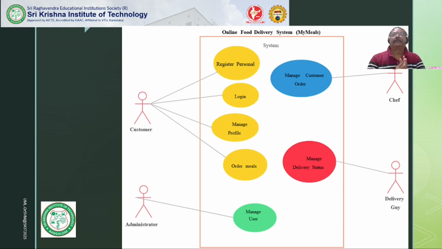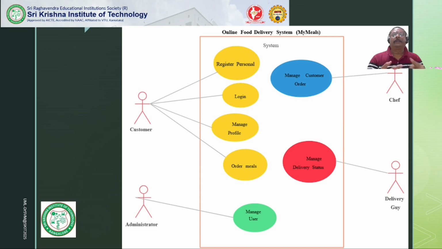That's how we convert hours or months of discussions onto one sheet. Everything is frozen onto one sheet, and that sheet is what we call a use case diagram, which makes the whole requirements visible and very clear.